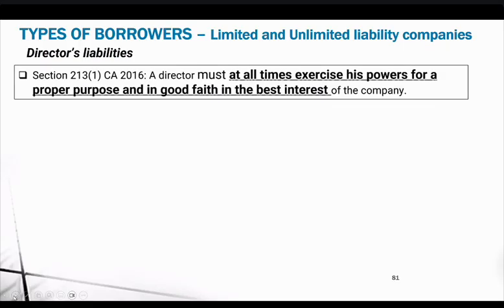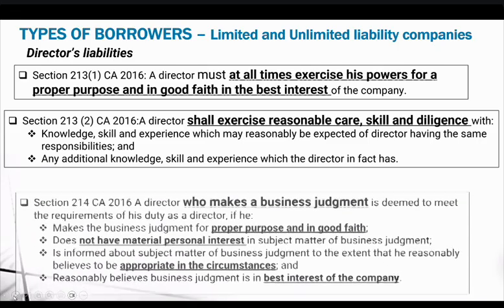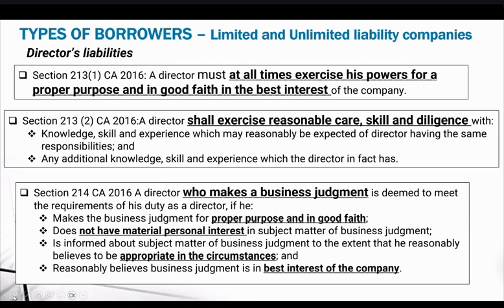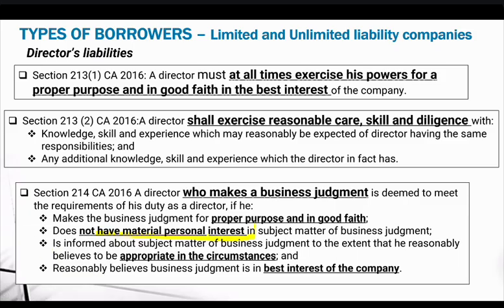So here in director's liability, they exercise the powers for proper purpose and good faith, shall exercise reasonable care, skill, and diligence, and who have made good business judgment. They are deemed to meet the requirements of duty of director in proper purpose, good faith, do not have material personal interest, and appropriate. So all this I'm highlighting are all the things that they must act in the best interest of the company.